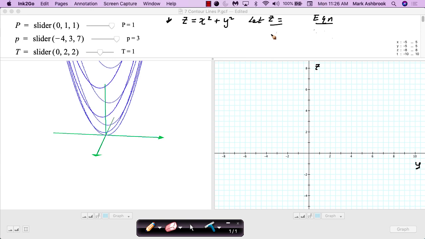Okay, Travis, tell me one that you did. I did z equals 1. Z equals 1, got? Z equals 4 and z equals 9. Okay, for z equals 1, what'd you get? I got 1 equals x squared plus y squared, which is a circle. Circle radius 1, and where does that circle radius 1 live? On the z equals 1 plane. Right, good.